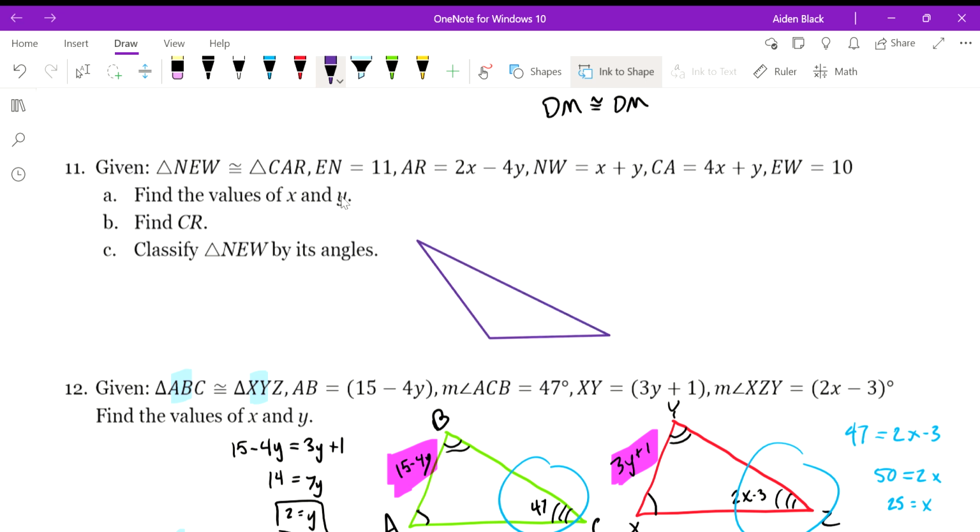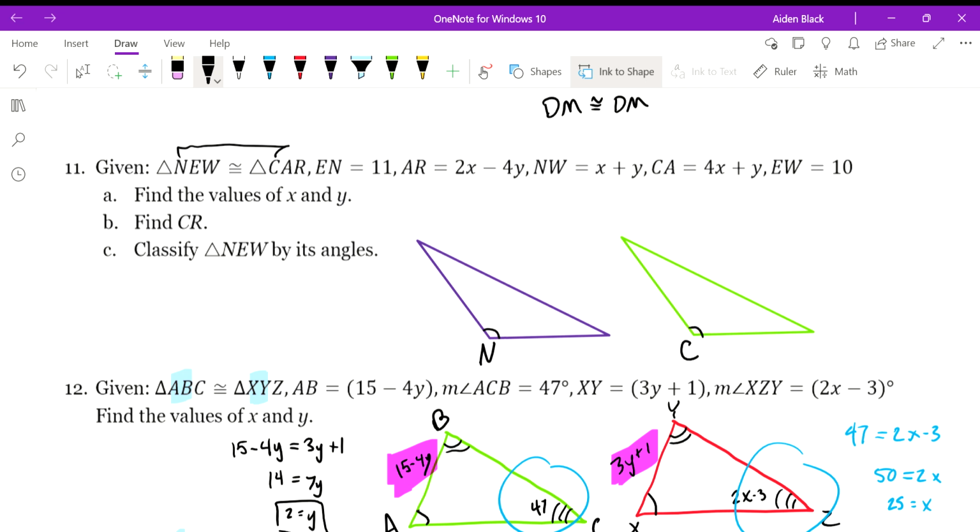I'll just copy and paste it so that we see quite clearly that they're congruent. And I'll make sure I get this order straight. N goes with C, so these correspond.